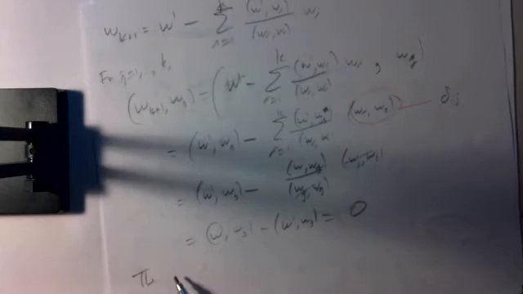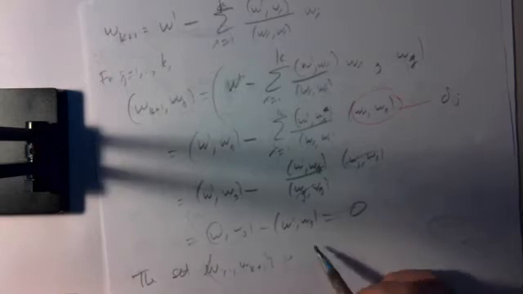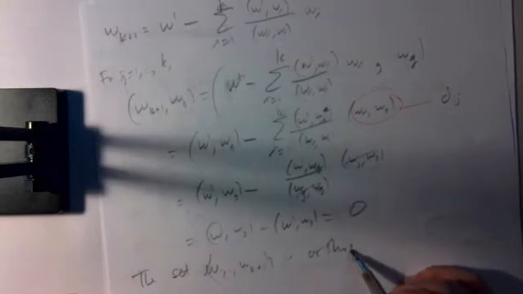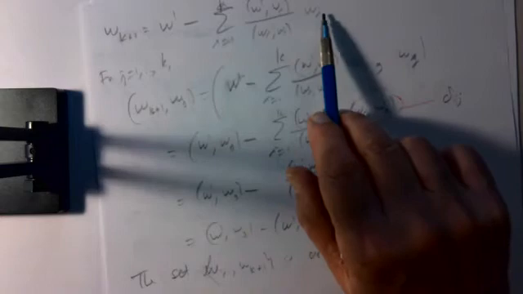So the set w_1 up to w_{k+1} is orthogonal. Every pair of vectors is perpendicular. And w prime is a linear combination of w_1 up to w_{k+1}.